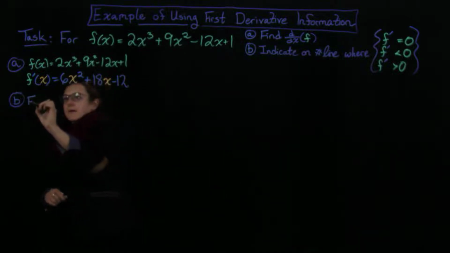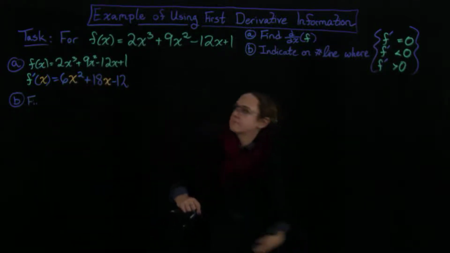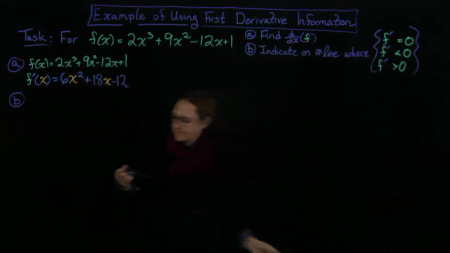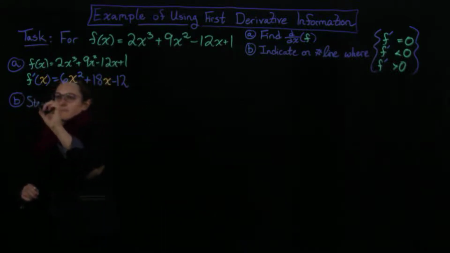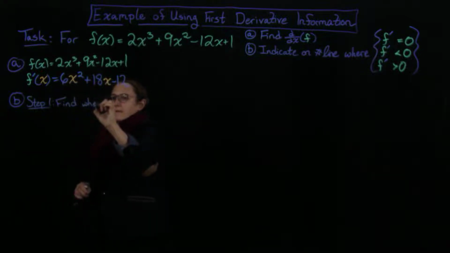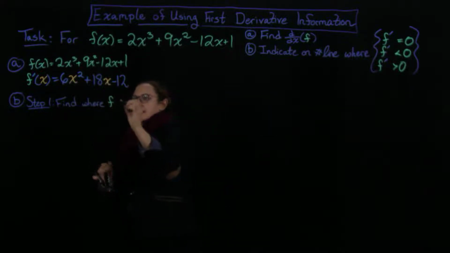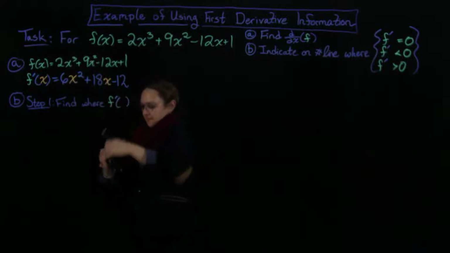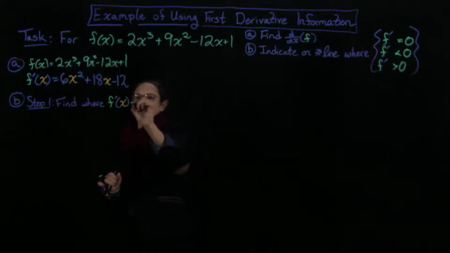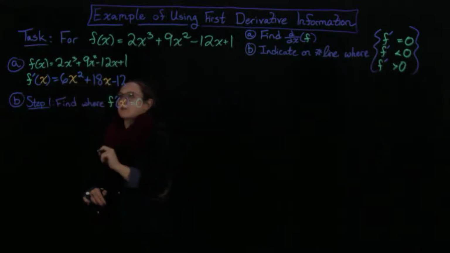So step 1 is to find where f prime of x equals 0. Where is that its output?